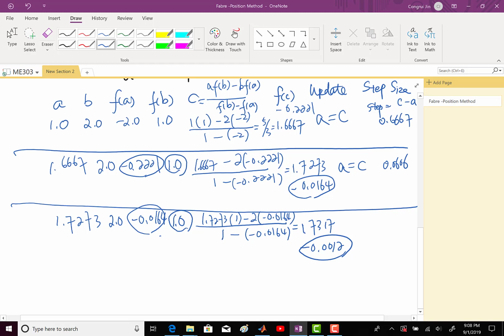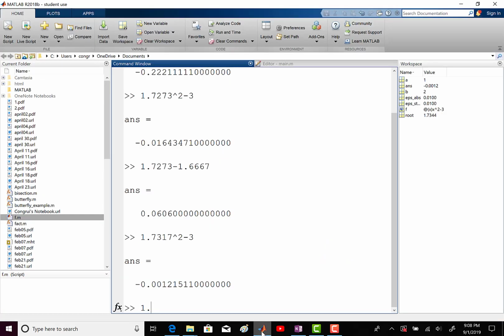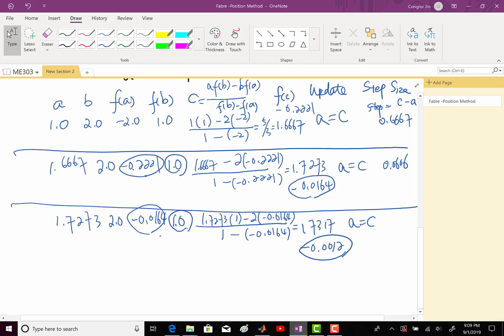So we are still in the third scenario. So A equal to C and step equal to C minus A, which is 1.7317 minus 1.7273, right? So this will be 0.0044.